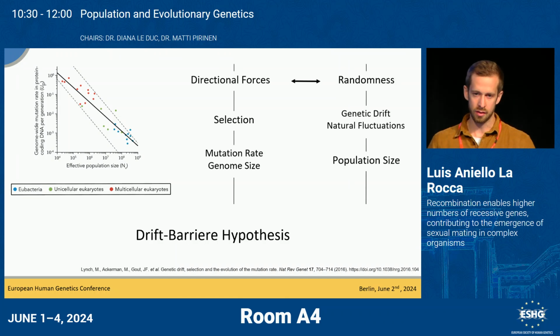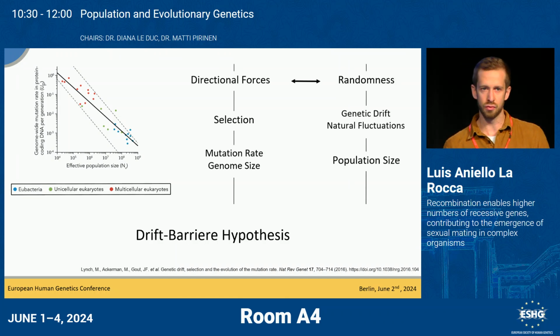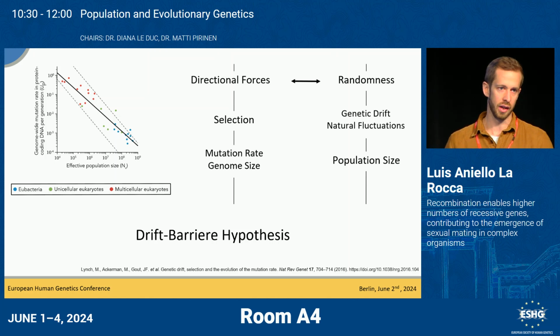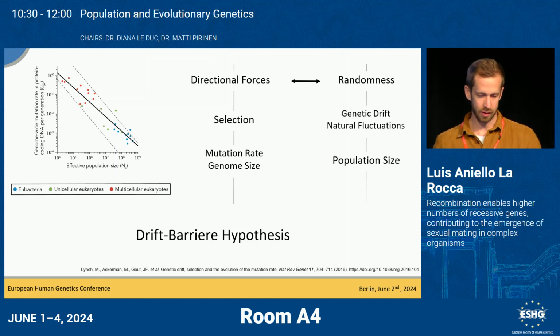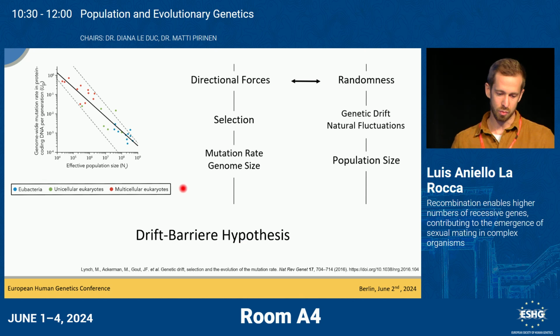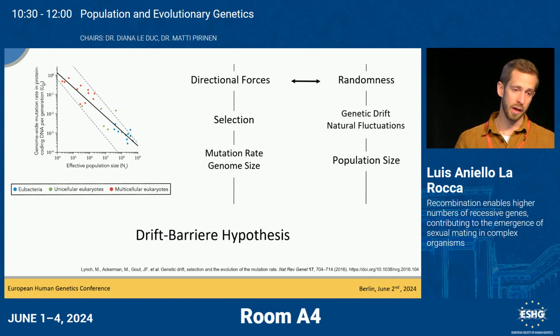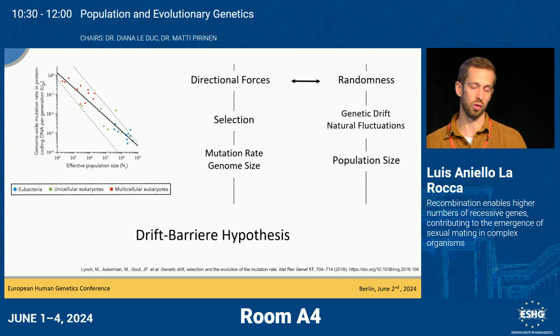This hypothesis states that directional forces such as selection tend to be in equilibrium with random forces such as genetic drift and natural fluctuations. So, for example, in small populations genetic drift is more pronounced, and therefore we would expect a higher mutation rate to compensate for this.